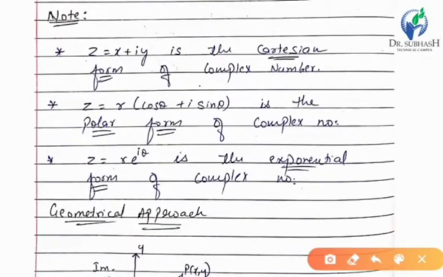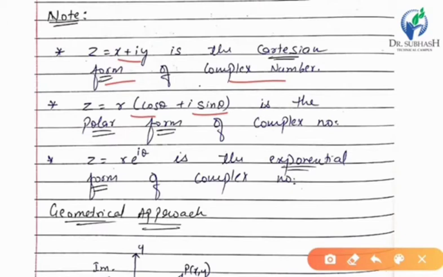Okay, next. z equal to x plus iy is the Cartesian form of a complex number. Since we are writing in terms of x and y, it is called the Cartesian form. Now, z equal to r into cos theta plus i sin theta is the polar form of a complex number.